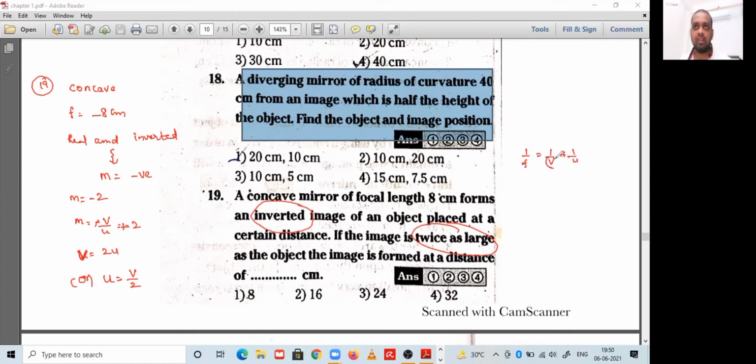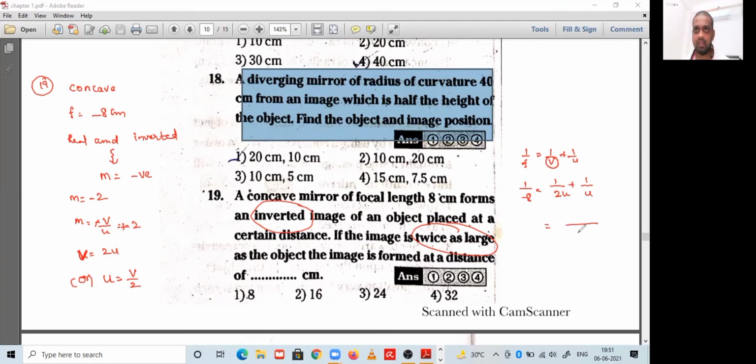I will write the v terms in terms of u, so that it is very simple to calculate. F value is minus 8, and the v value is 2u, plus the u value, which is u only.